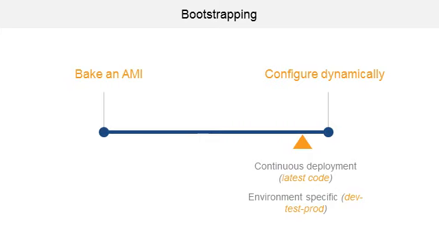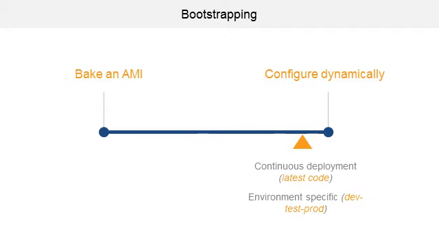So for example, if you're running Linux, you probably don't want to run a yum update every time you start an instance, because it could take several minutes for that instance to become available. So you can bake that into an AMI and just do that on a periodic basis and have a smaller amount of on-demand activity taking place at the point at which you start your instances in order to reduce the startup time.